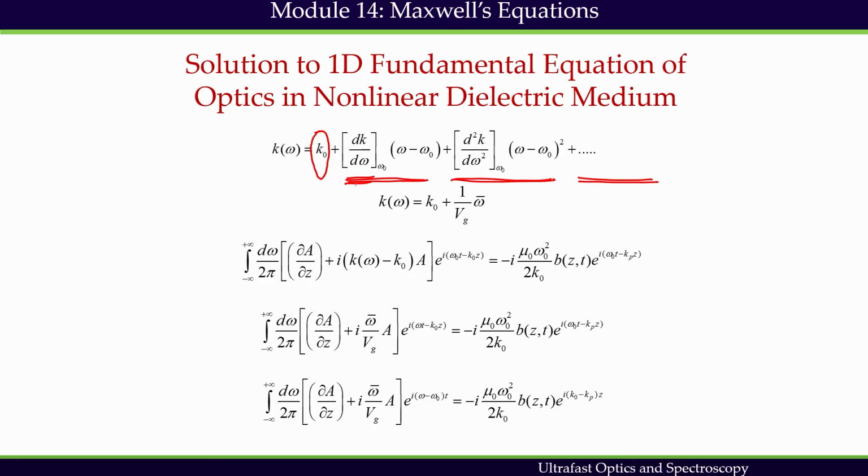For example, the second term is the vacuum term. If we have only this term, then this is a vacuum term, no dispersion effect. Then the first order term I can introduce, the first order term representing the group velocity. So the effect of group velocity can be judged only if we include this first order term. Then there is a group velocity dispersion term, GVD, which can be realized with the help of the second order term, the second order dispersion term.